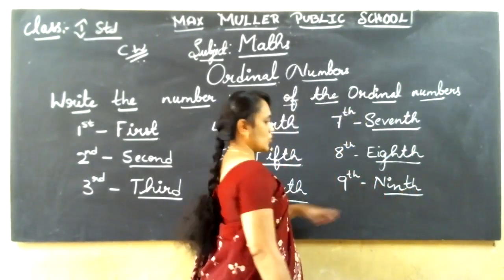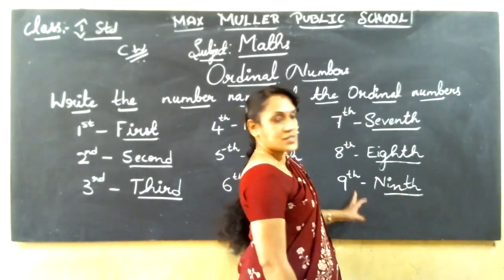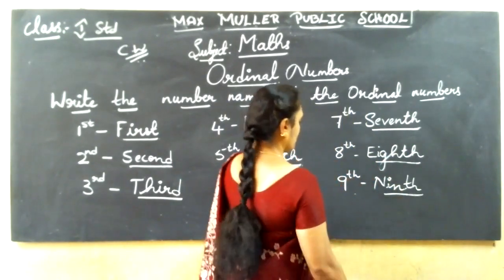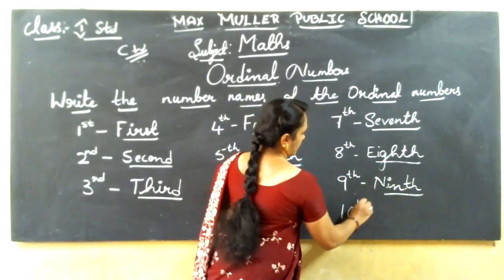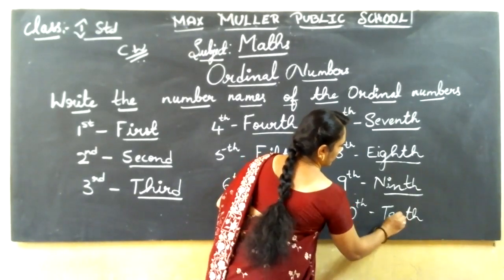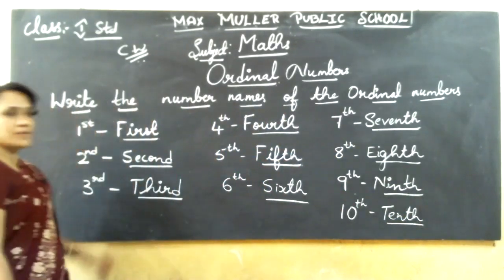Okay. You should not write E. N-I-N-E will come now for 9, but when you write the ordinal number 9 spelling, it is N-I-N-T-H. That's it. Okay. Then 10. T-E-N-T-H, tenth. Tenth. Okay. Understand?